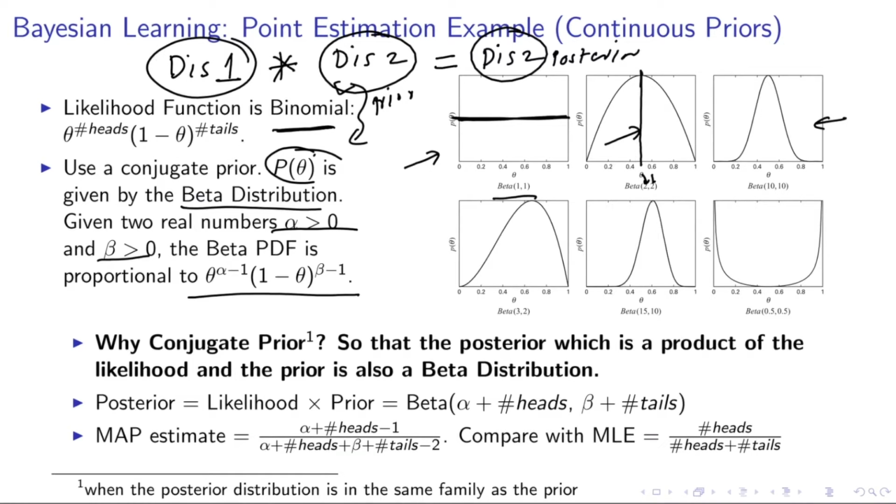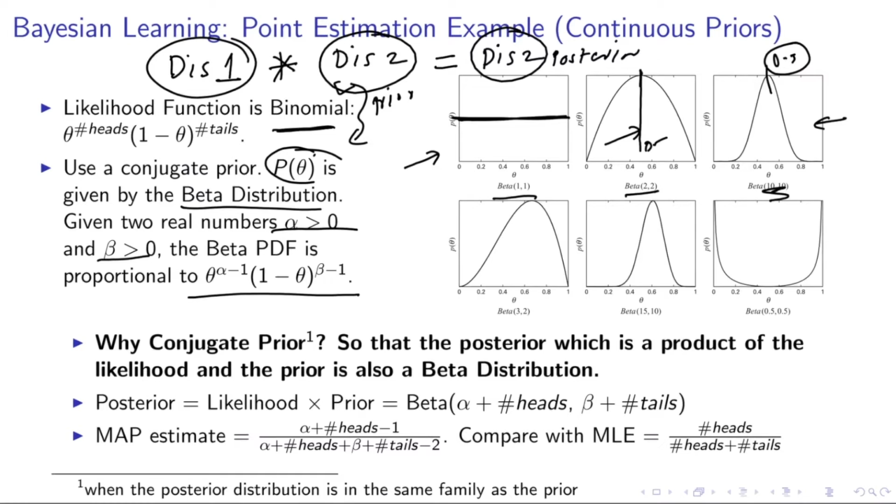Okay, so that peak is at 0.5. When the beta distribution has alpha equals 10 and beta equals 10, the peak also appears again at 0.5, but as you can see, the rate of increase from 0 to 0.5 when alpha and beta are 10 is much larger as compared to the rate of increase when we have alpha and beta equals 2. Okay, so that's what happens.